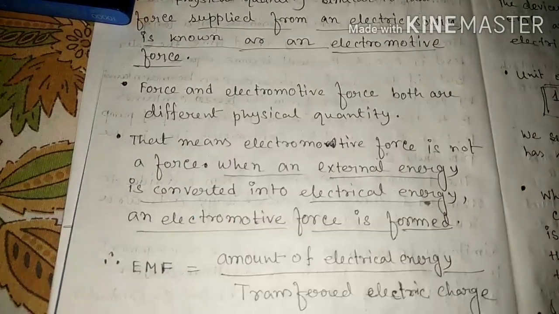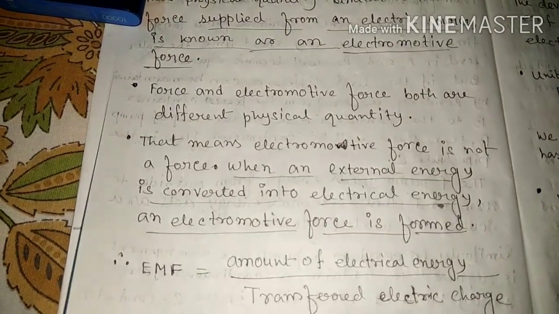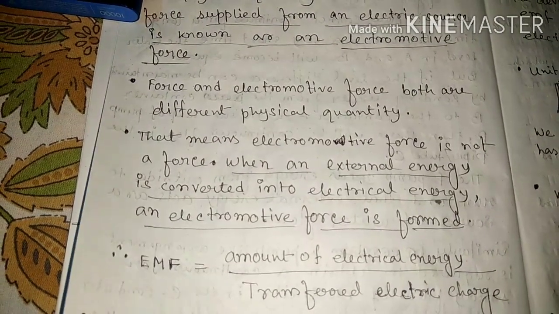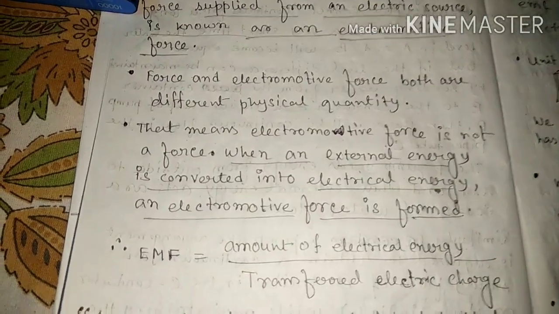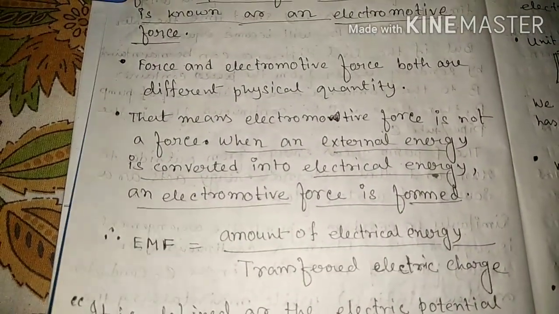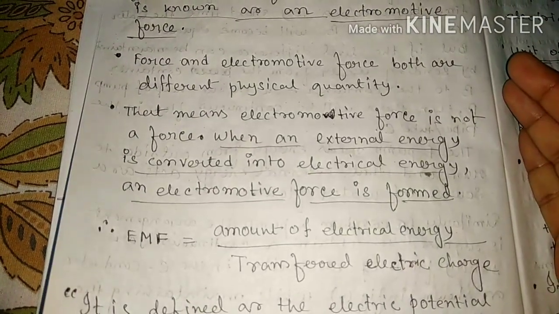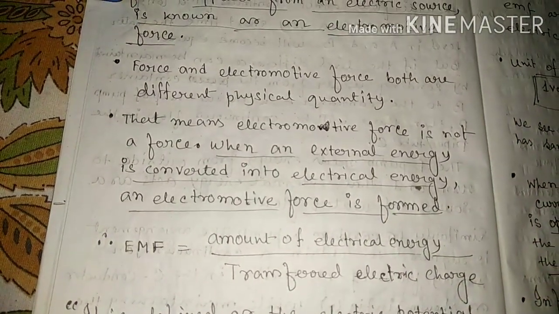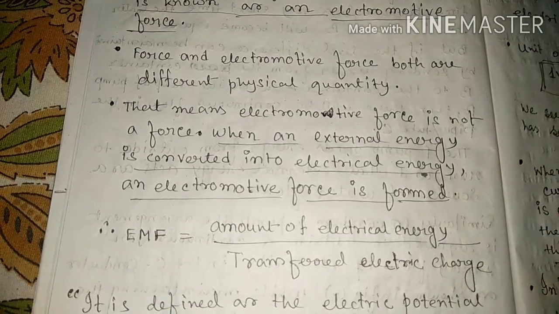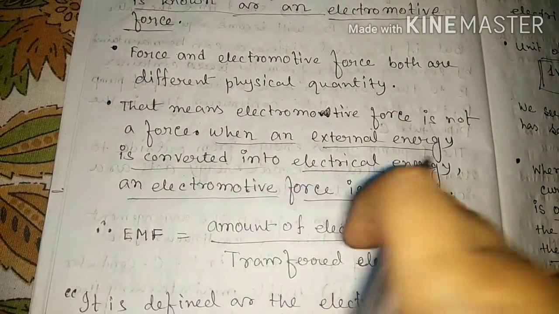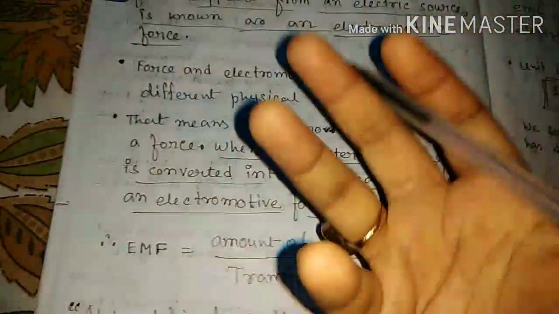Next you will understand why: the external energy needed to operate that pump-like structure is converted into electrical energy, and only when that external energy is converted to electrical energy is electromotive force formed. That's why we can say that electromotive force is not a force.